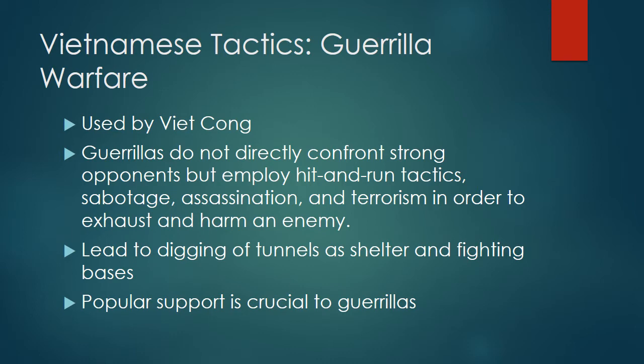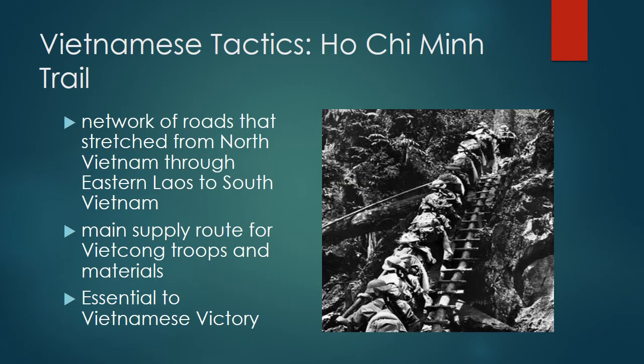Here, I would also like to talk about the Ho Chi Minh Trail. It was a network of roads that stretched from North Vietnam through eastern Laos to South Vietnam. It was the main supply route for the Viet Cong, and it played a key role in the Vietnamese victory in the Vietnam War against the American troops.